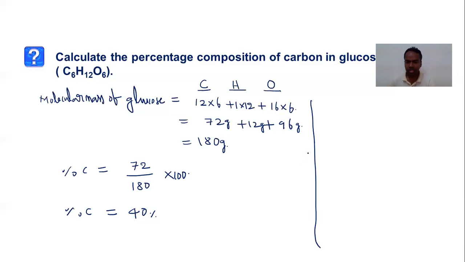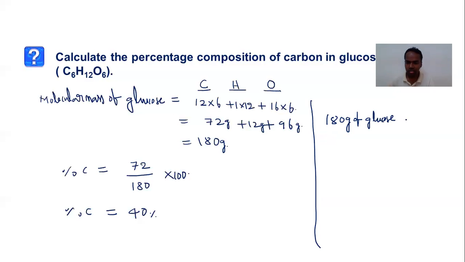Percentage basically indicates we need to find the weight of the element present in 100 grams of the compound. So 100 percent means we always have to take 100 grams. Take 180 grams of glucose. Now I am discussing how this formula came.